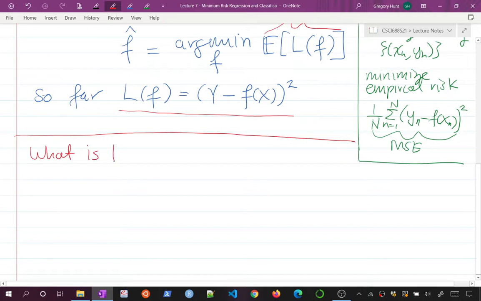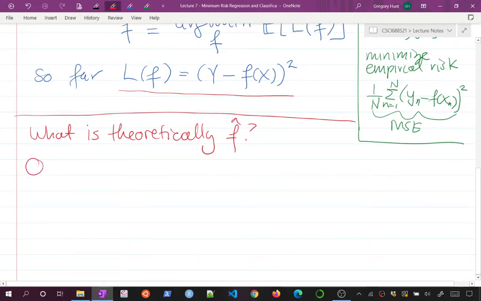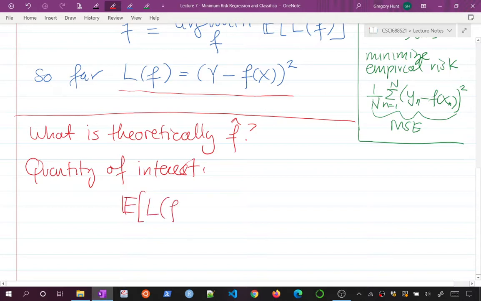So the quantity that we're interested in, let me just write what is theoretically f hat. Our quantity of interest is this thing, our risk. Actually, let me move this to the side here.